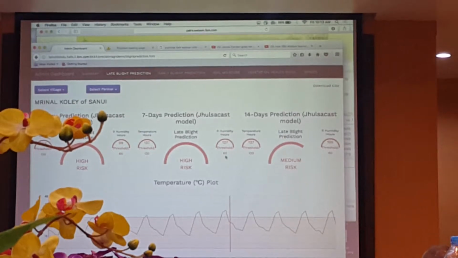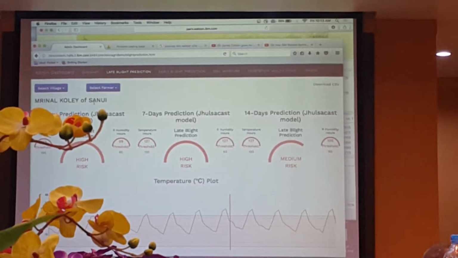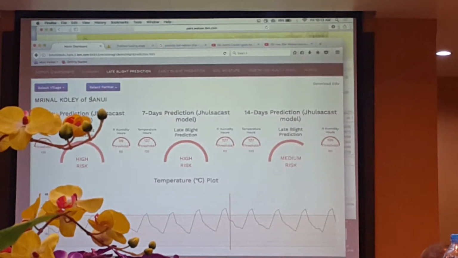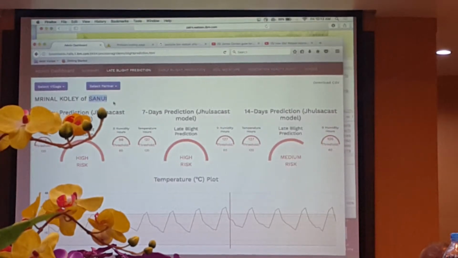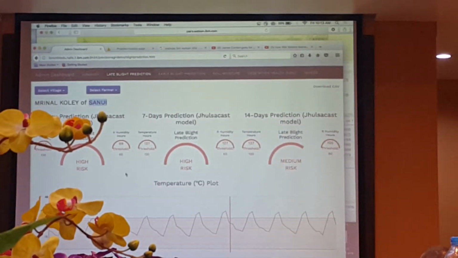So it will tell you which part of the crop you should actually put the pesticide. So in this case, this Sanoi is one part of the land. It is telling you that put the pesticide in Sanoi only and put it for next 7 days.